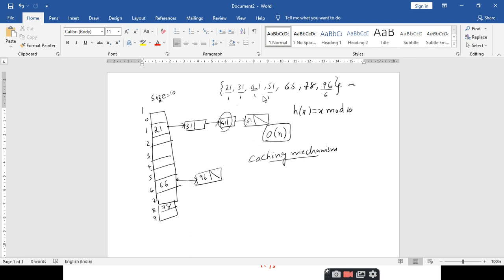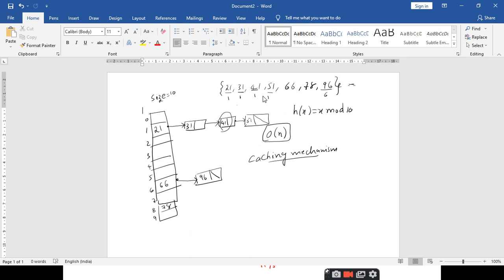So here the caching mechanism has a drawback. For example, assume that 51 is the most frequently utilized value. But where is this 51 kept here? It is kept as the last element of the linked list. So it will almost go with big O of n, right?